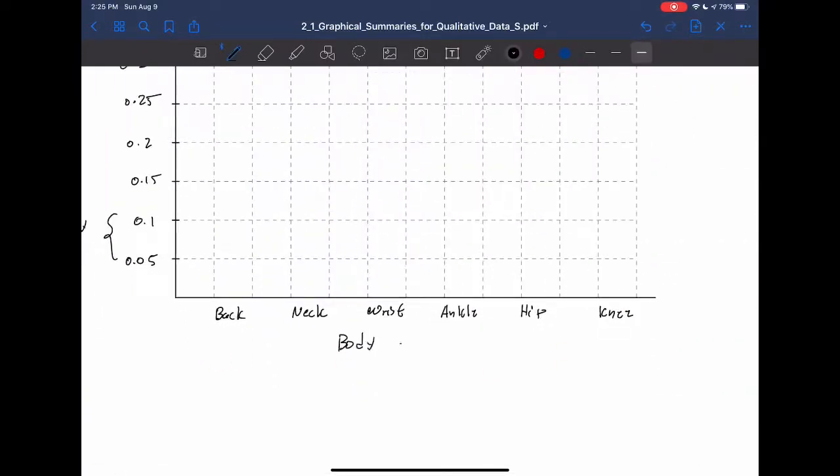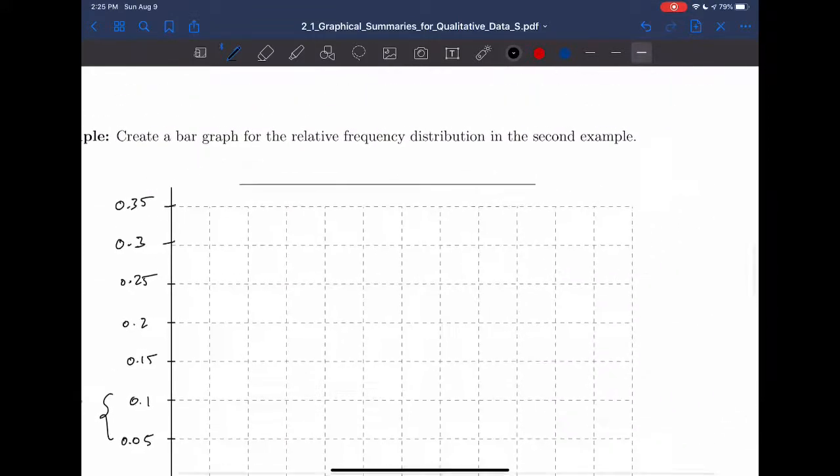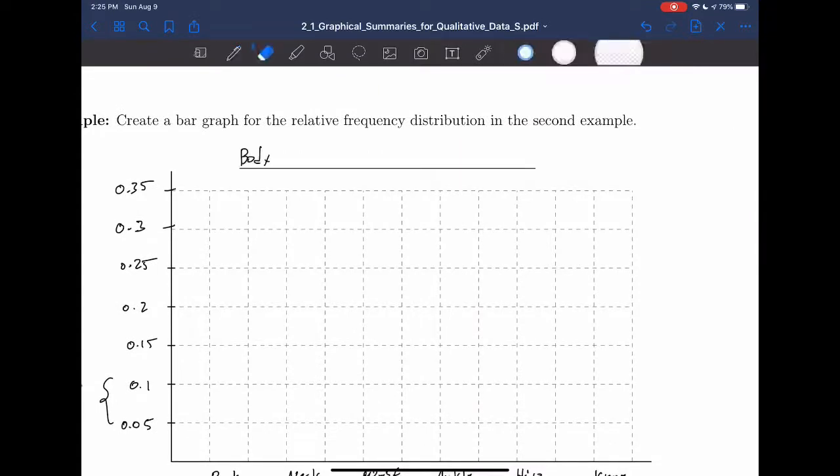Here on the x-axis, we'll write body parts. And on the y-axis, we'll write proportion of patients, because we're dealing with relative frequency. And then our title should be body parts requiring rehabilitation.